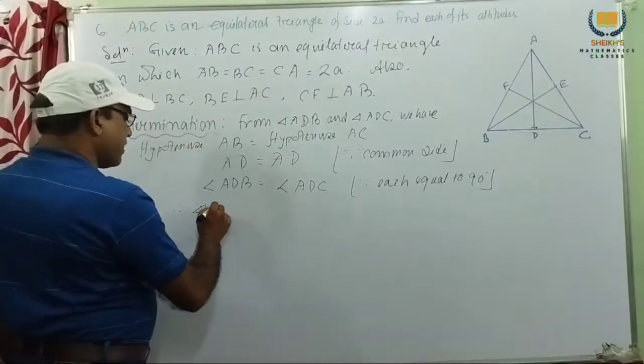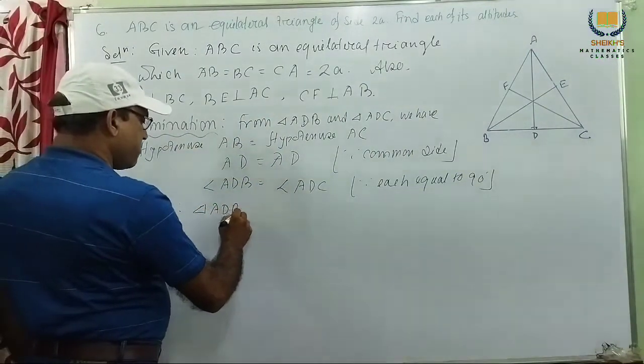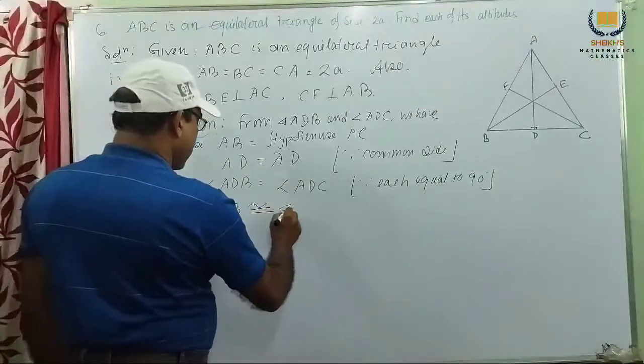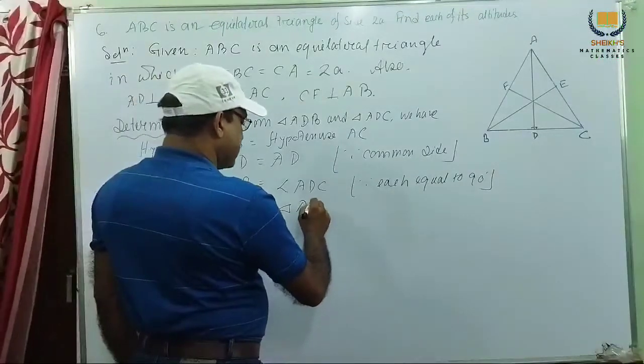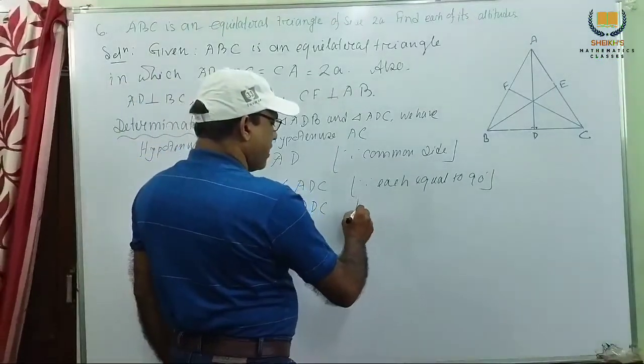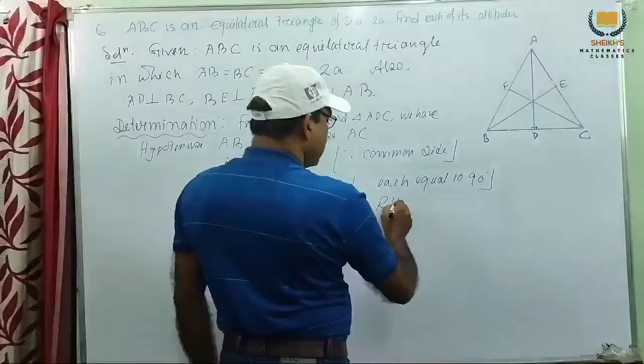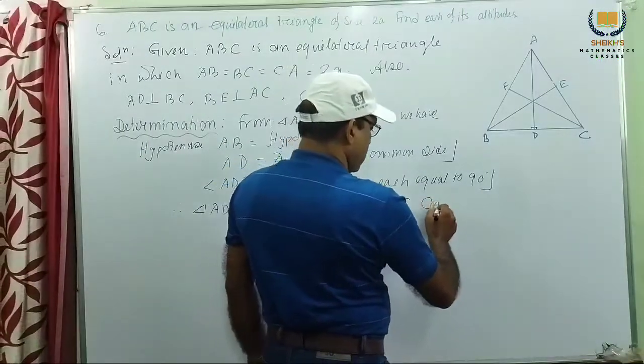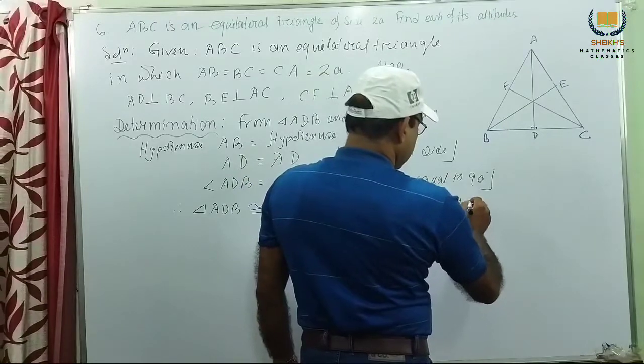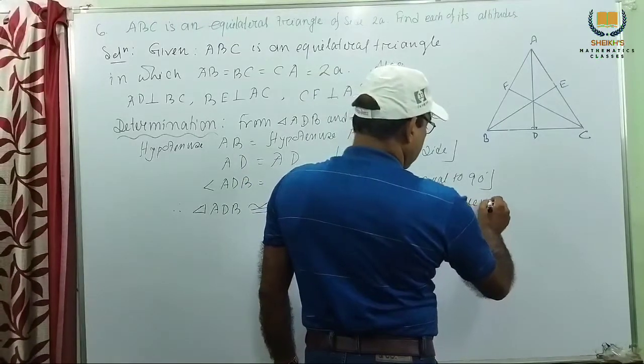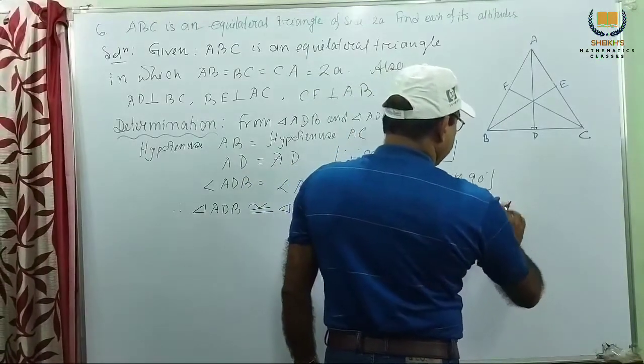Therefore, triangle ADB congruent to triangle ADC by RHS congruence criterion.